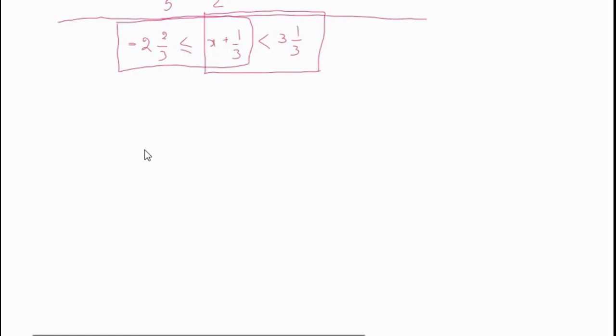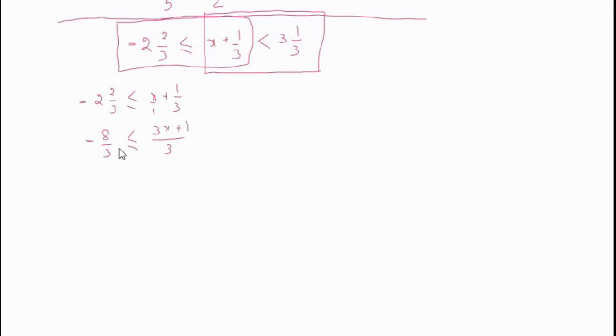So first whatever is on the left side, minus 2 by 3 less than or equal to x plus 1 by 3. So this becomes minus 8 divided by 3 less than or equal to, here this can be written as x by 1, so LCM is 3, so 3x plus 1.